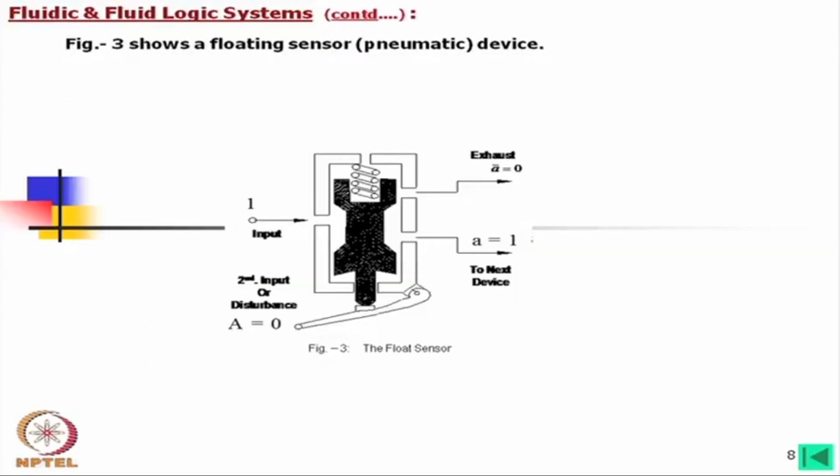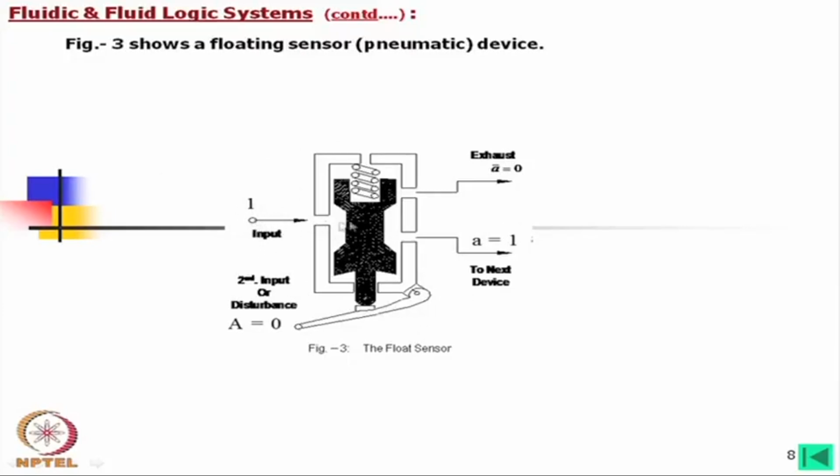Now, we shall discuss a device. This is a pneumatic device. A similar fluid or hydraulic device can also be made, but this describes precisely a logic gate. Now, look at this. This is the input.